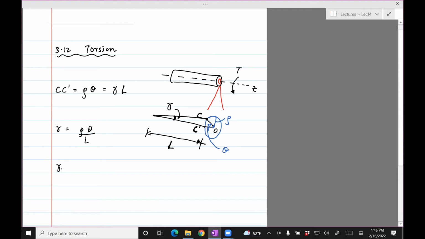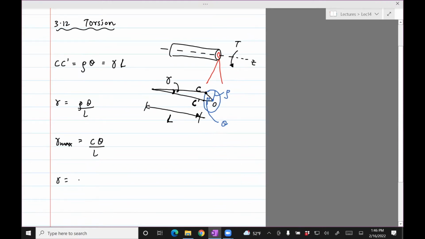If you want to find the maximum twist, you put rho equals C, which is the radius. So gamma equals C theta divided by L. Here, theta is the angle of twist, and gamma is the shear strain.